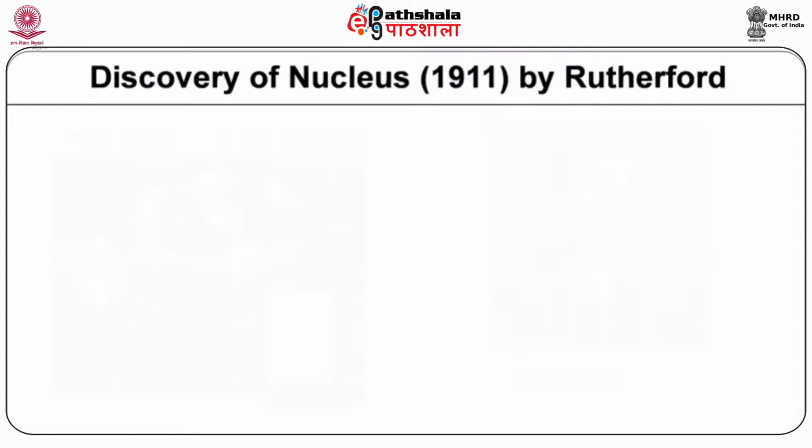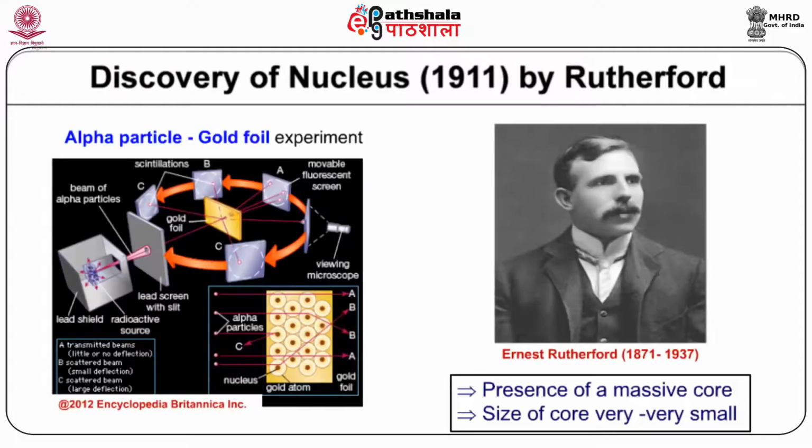If we go into the history of nuclear physics, we find that it really started after the discovery of the nucleus by Rutherford. In some sense, the discovery of the nucleus by Rutherford was an accidental discovery, because he was trying to modify Bohr's atomic model, and in that process, when he analyzed the experiment he performed, he discovered the nucleus.